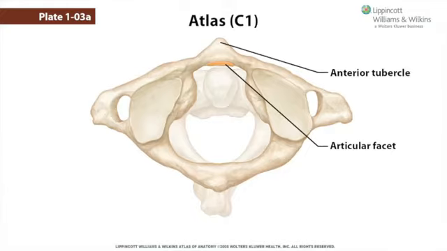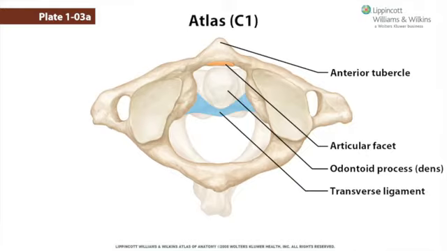To prevent displacement of the dens and the atlas with respect to each other, which would put the spinal cord at risk of injury, the transverse ligament of the atlas spans its lateral masses and passes between the dens and the spinal cord.